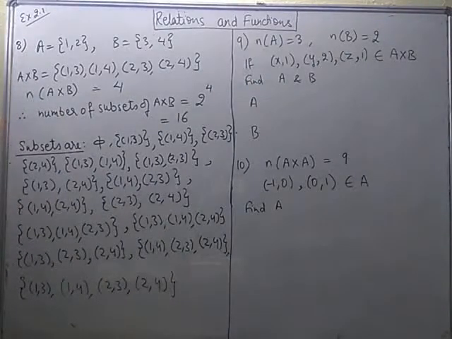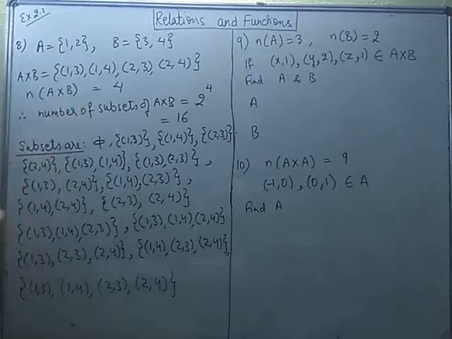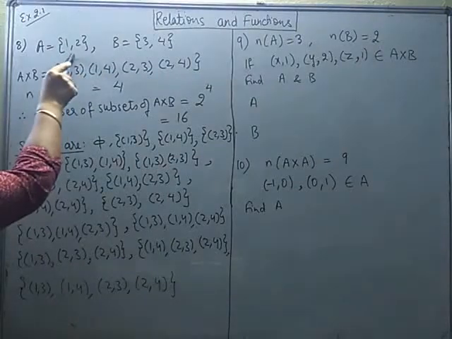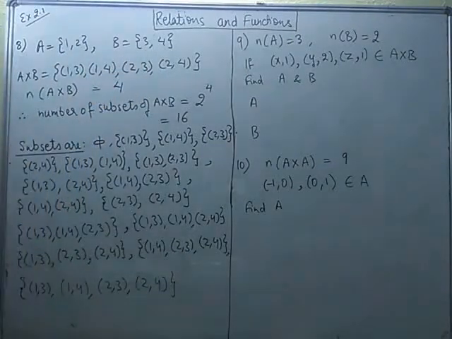In the previous session, we even discussed when Cartesian product was defined. If set A is having P elements and set B is having Q elements, then the total number of elements in A cross B is P into Q. So if we directly see, A has got 2 elements, B is also having 2 elements. So the number of elements in A cross B comes out to be 4.